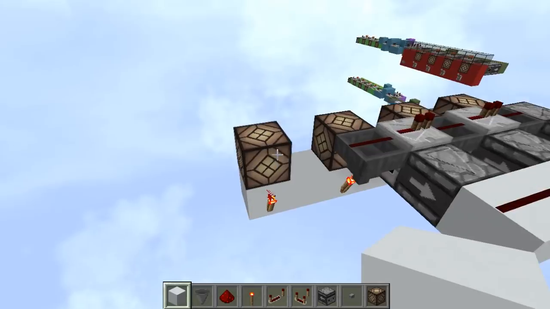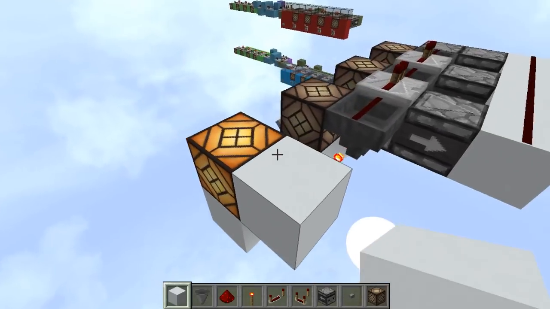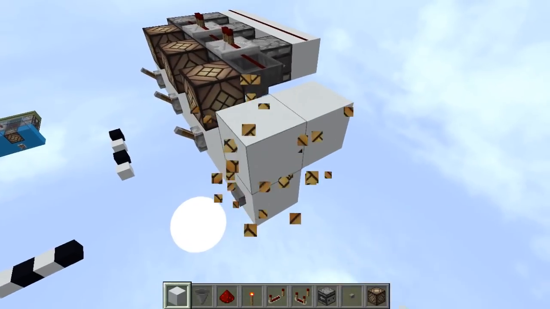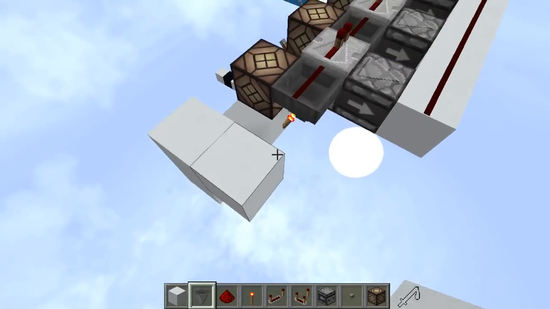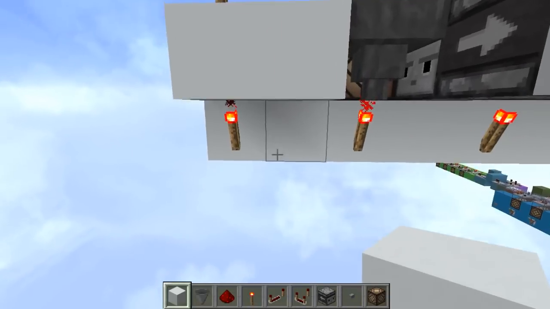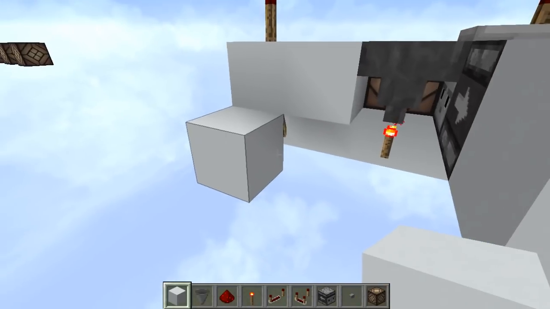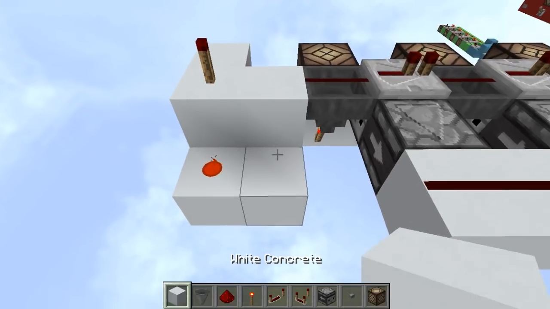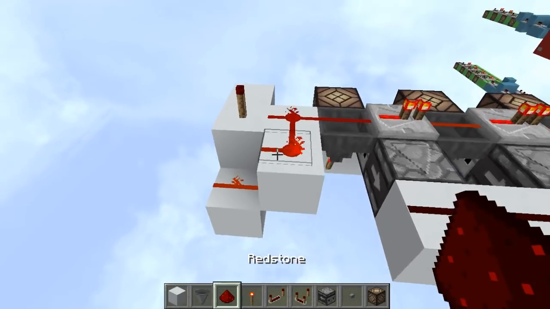And now let's take care of the input. The input doesn't actually need a lamp because this lamp's always going to be turned on. Okay, so we have something like this, and we need to do it like so.